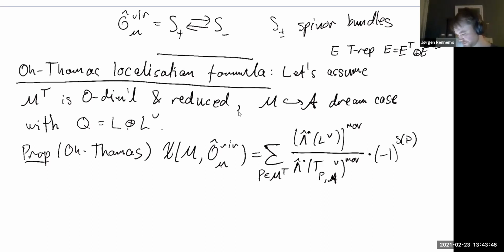If you've seen various localization formulas before, then this bit more or less looks like you're computing the Euler characteristic of this sheaf globally on A, right? And that's almost the formula you get, but the formula is modified by a specific sign.